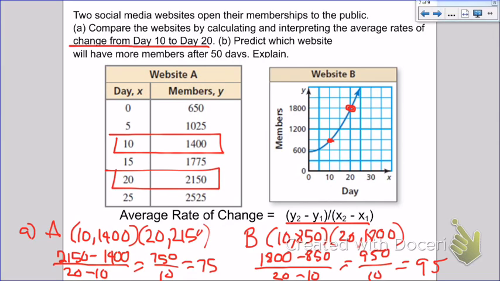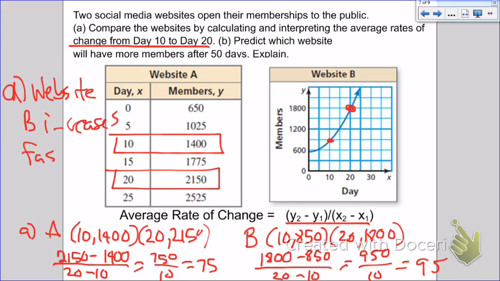So which one's bigger? Website B. So basically what we'd say is, for part A, website B increases faster.